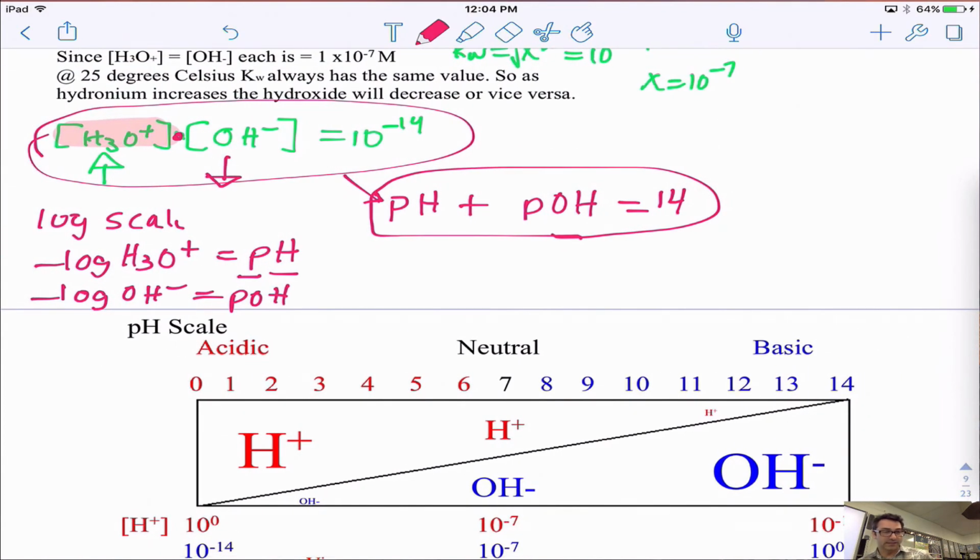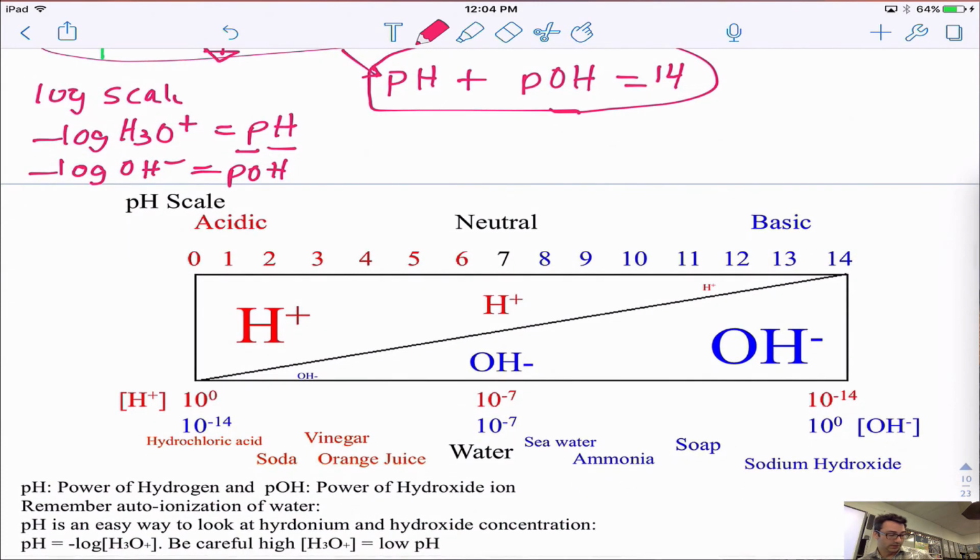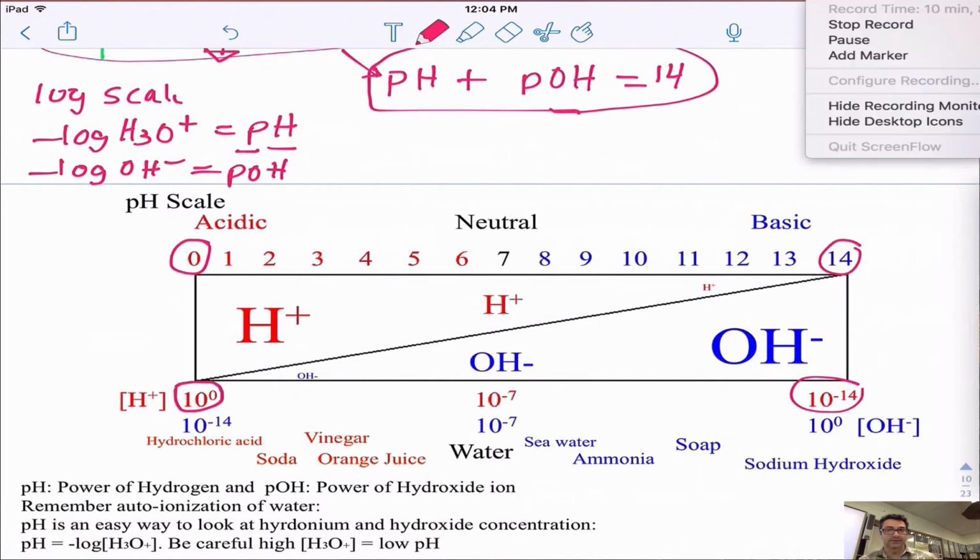Now, if I look down here at their relation to each other, if I have something that has a pH of 0, it has an H plus that is 10 to the 0. If I have something that has a pH of 14, it has an H plus of 10 to the negative 14th.